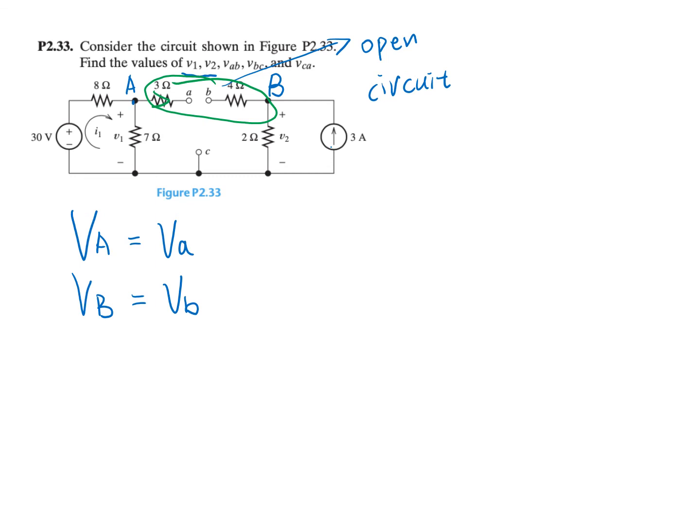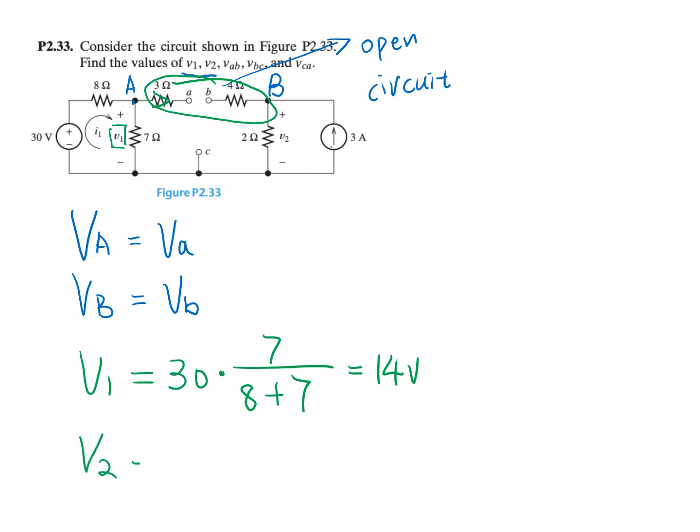No current flows anywhere else. So it would be super easy to directly use voltage division to find V1. That would be 30 times 7 over 8 plus 7, and this is equal to 14 volt.